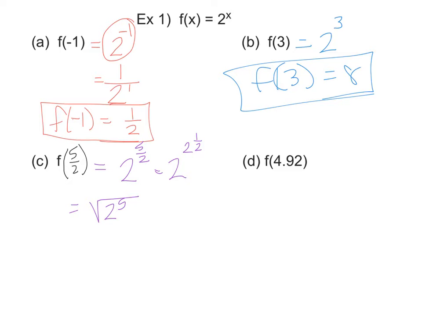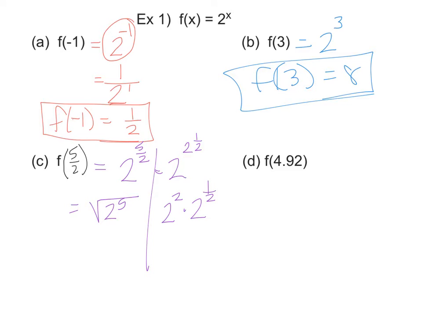The purpose for doing that is that when you go to work this problem, you have a 2 squared set aside here, and you also have a 2 to the 1/2. So remember, if you have like bases, you can add the exponents. So 2 squared times 2 to the 1/2 is 2 to the 2 and 1/2.